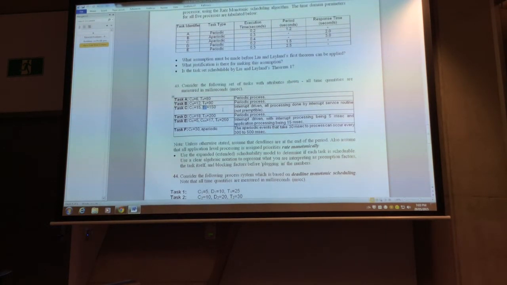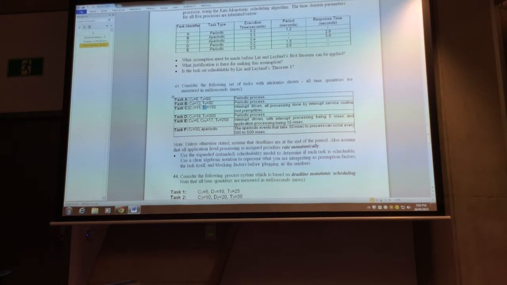Oh, yeah, very good. All right, so what's our test for task C? The whole thing is interrupt driven? CC over TC must be less than or equal to 1.